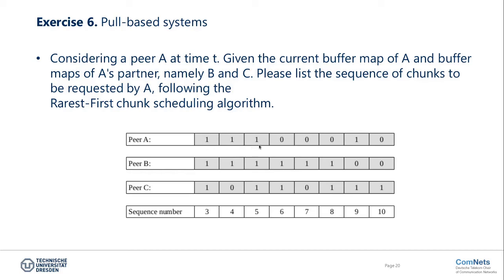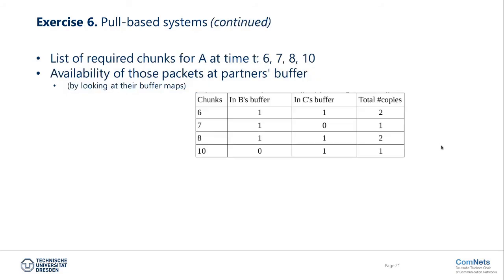And also looking at the buffer map with the 0 bit, we know that peer A still has to request video packet number 6, number 7, number 8, number 10, because the respective bits for those video packets are 0. So having that information, we can construct a table with the video packets 6, 7, 8, and 10.